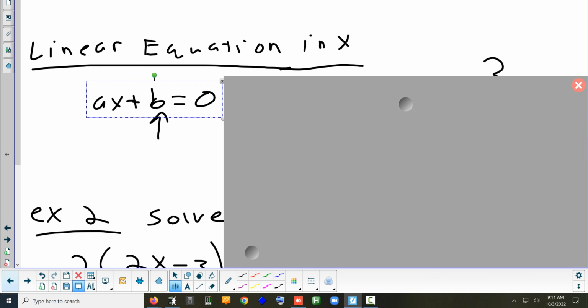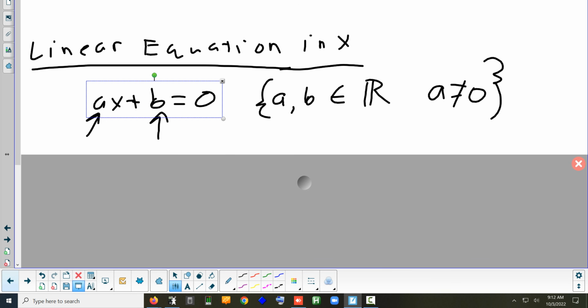Now the b can be anything you want. Could be a positive number, could be a negative number, could be a fraction, could be a decimal. Depends on the problem. And the a can be any number that you want except one number, because if you let a be this number, it wipes the x out. What can't a be? Yeah, a can't be 0. And that's what this is saying in math words.